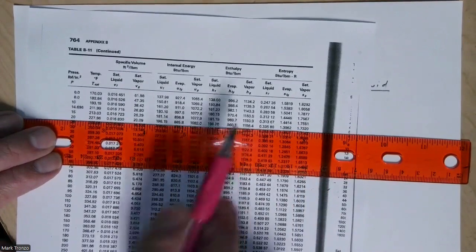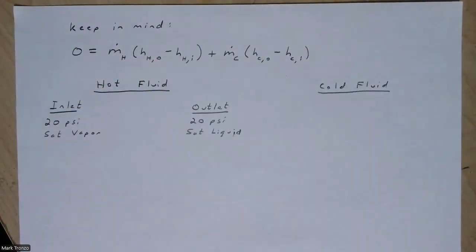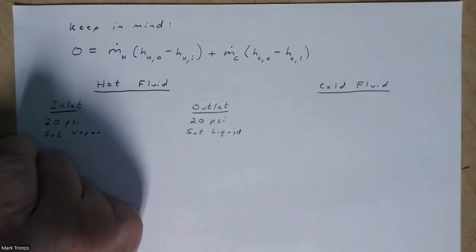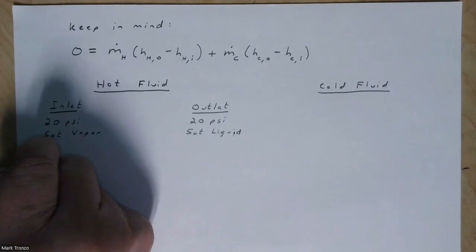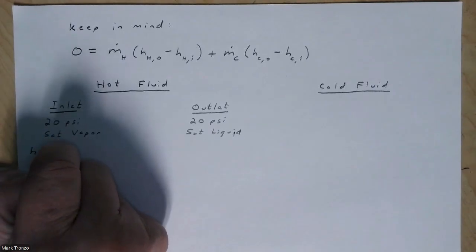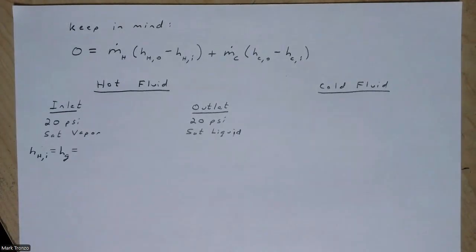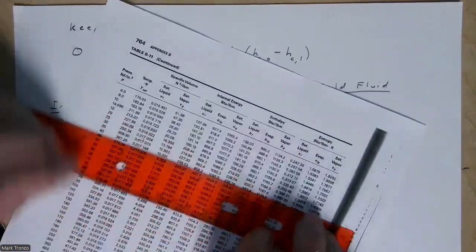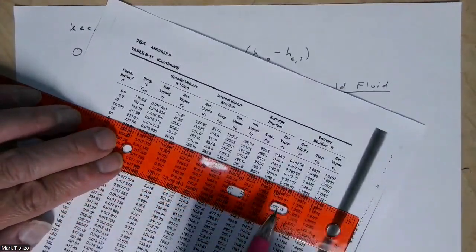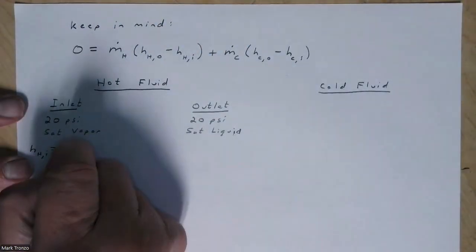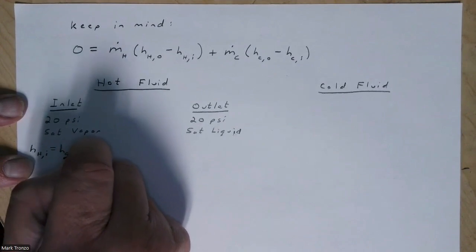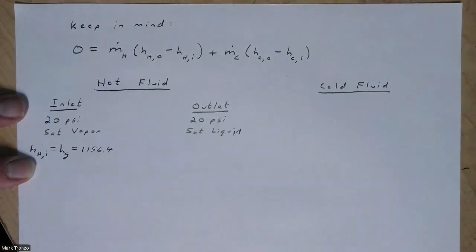That's 1156.4. That's going to be the h hot in, which is going to be Hg. And again, let's double check. It's 1156.4, and that's going to be BTUs per pound.